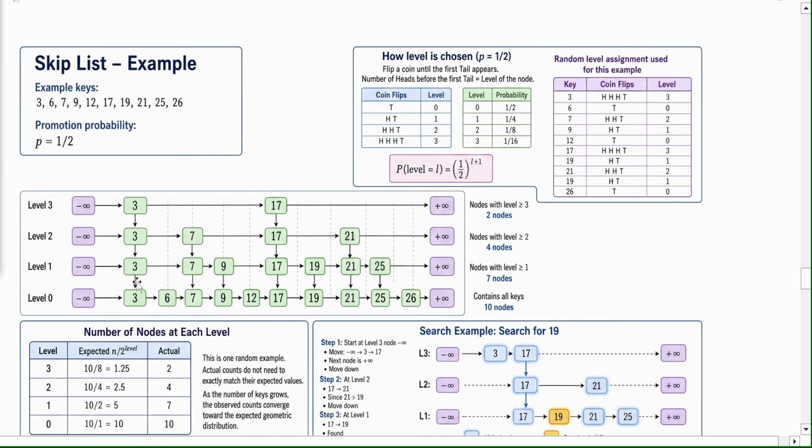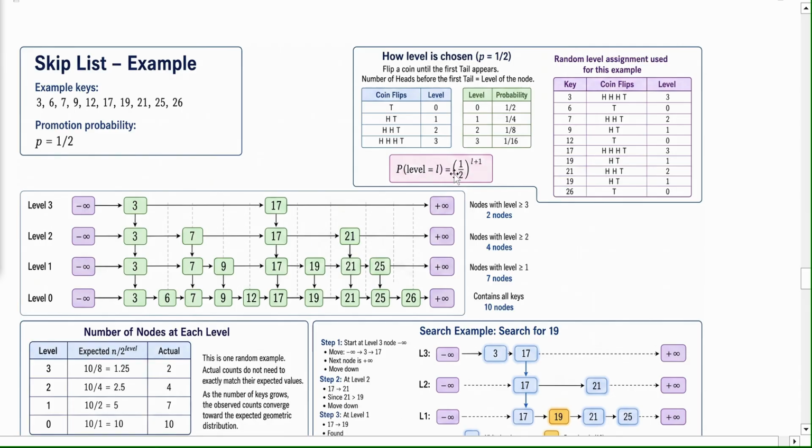If you observe, the probability of reaching the third level decreases. The probability is 1 by 16, which is very less. So in level 3 we will have fewer nodes, and in lower levels we will have more nodes. So this is how this works.